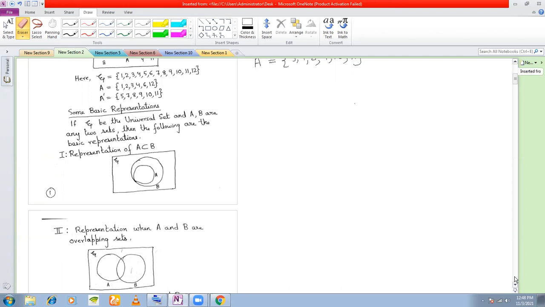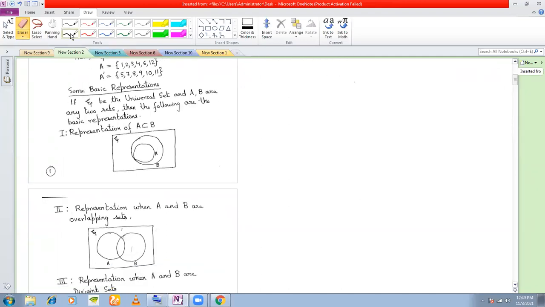Apart from these three, there is no other possibility. So if I give you any two sets, you can represent them in any of these three ways.